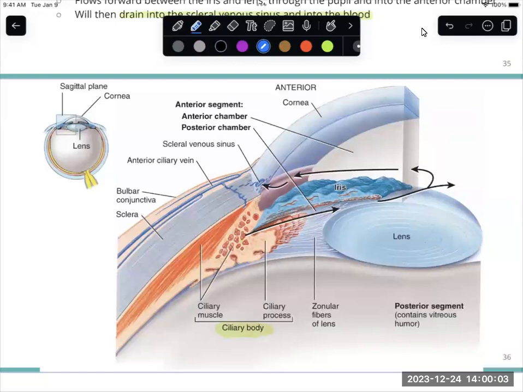It comes out of these blood vessels, goes into that posterior chamber of the eye, comes around in front of that iris to the anterior chamber, and then drains into that scleral venous sinus. So this fluid is being produced and drained all day, every day.